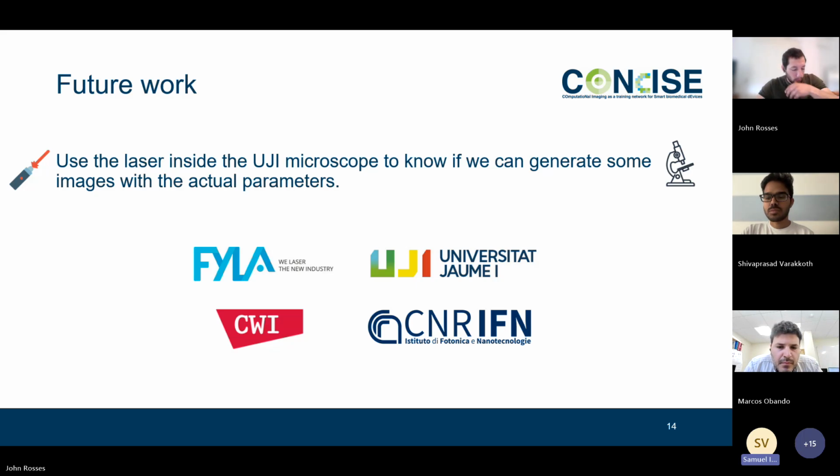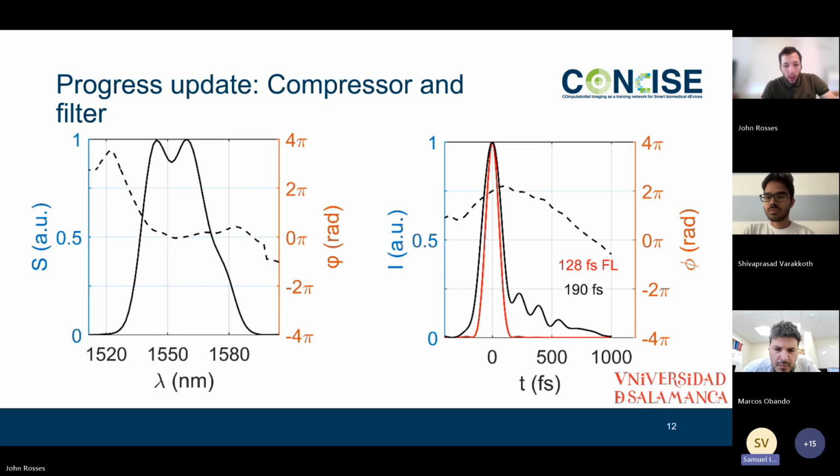Can you reduce more the temporal duration of the pulse with a compressor? In this case, we cannot, because to compress the pulse more, we need more spectral bandwidth because of the Fourier transform limit theory.